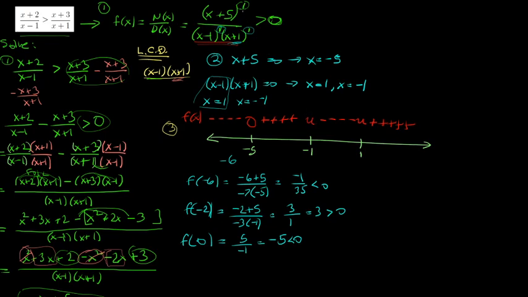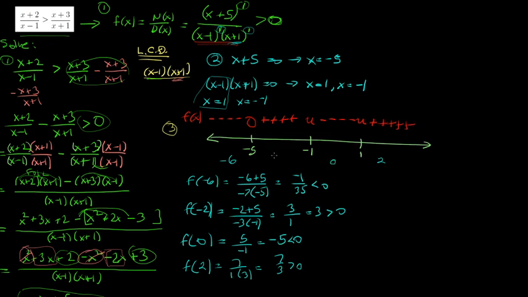If you get an exponent of 4 or 6 or any even exponent, that's when the signs stay the same. Just to make sure, pick your favorite number bigger than 1, say 2, and plug that in. You get 2 plus 5 is 7, divided by 2 minus 1 is 1, and 2 plus 1 is 3. You get 7 over 3, which is indeed positive, and that's why we get positive numbers here.